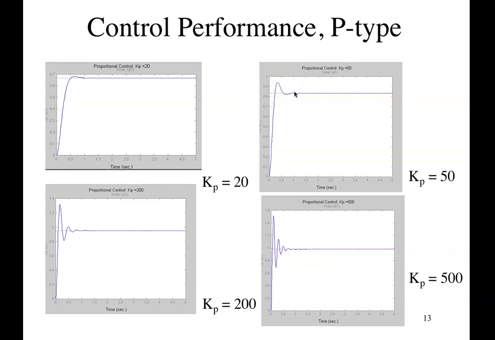Increase that gain even further from 50 to 200, we have this response. Now you can see the final value is above 0.9, perhaps about 0.95. So you can see the steady state error is reduced from over 0.3 to less than 0.2, to perhaps around 0.05.